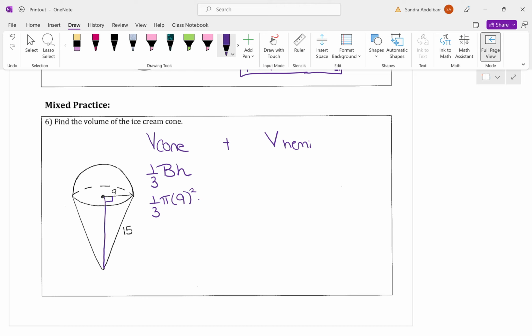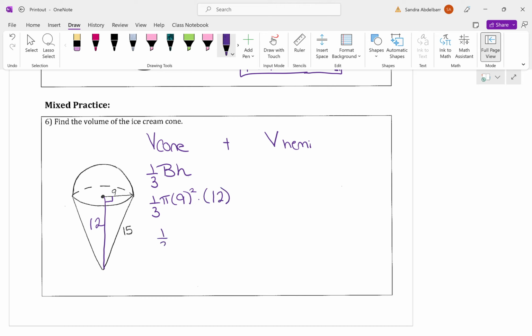When I draw my altitude, this ends up becoming a triple times 3. Does anybody know what triple I'm talking about? This is a 3, 4, 5 times 3, so it's 9, 12, 15. So the height of the cone is 12.